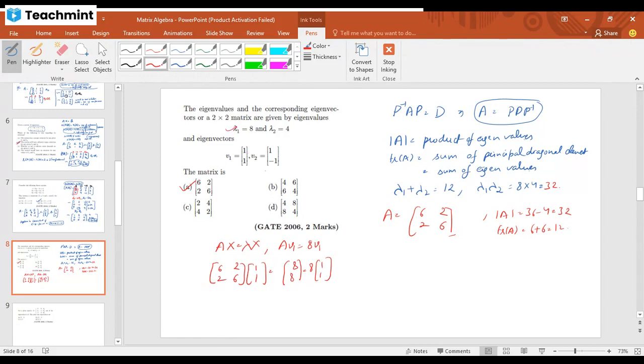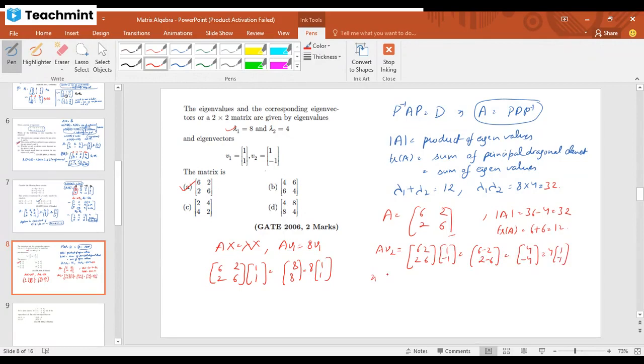This satisfies the first condition. And if we consider the second one, that is AV2, A is 6, 2, 2, 6 and V2 is 1, minus 1. This is 6 minus 2, and here it is 2 minus 6. This is equal to 4, and here we have minus 4. If we take 4 common, we get 1, minus 1.